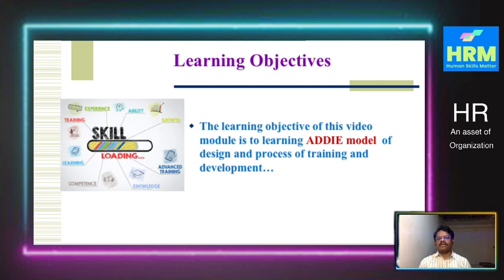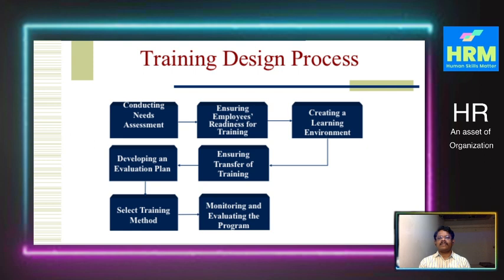development in the organization. If you look at the training design process in general, it starts from conducting need assessment, ensuring employees' readiness for training, and creating a learning environment, then ensuring the transfer of the training, developing an evaluation plan, selecting the training method, and monitoring and then evaluating the training programs.